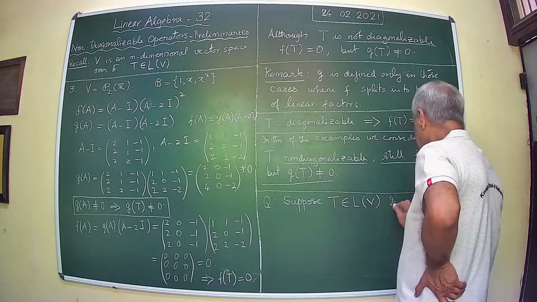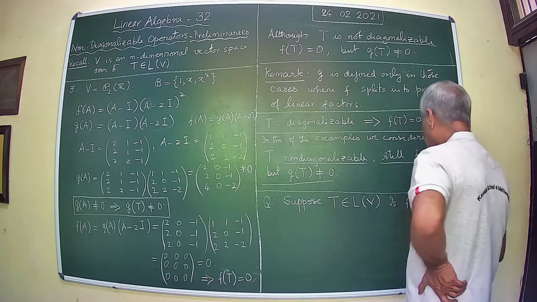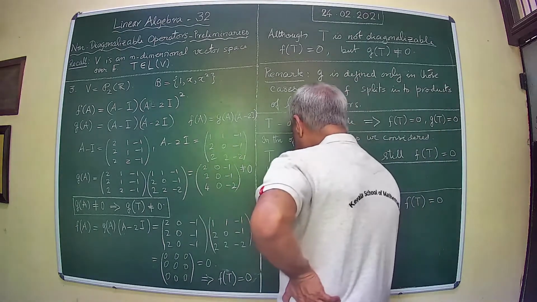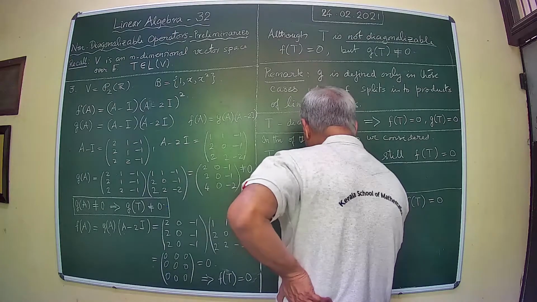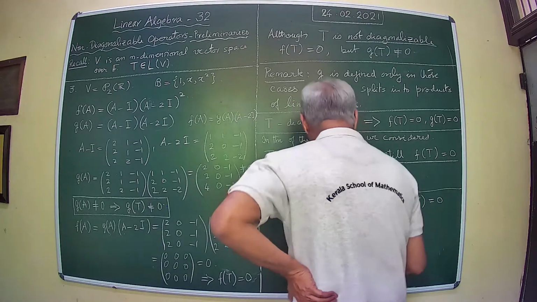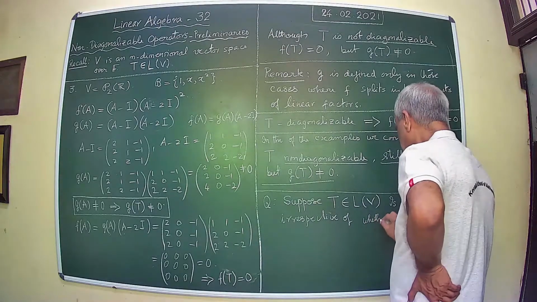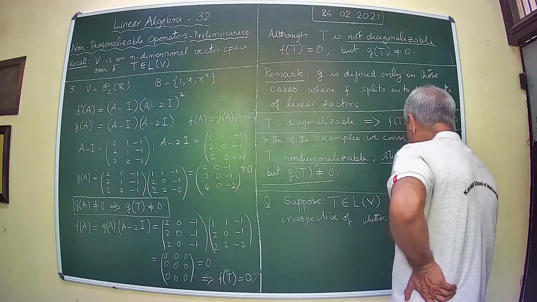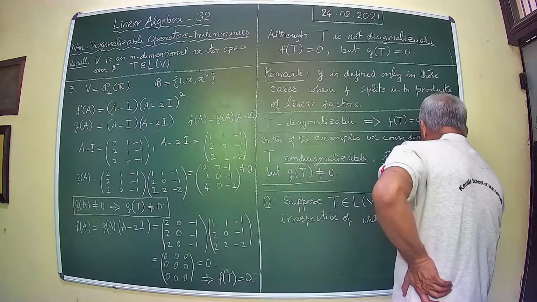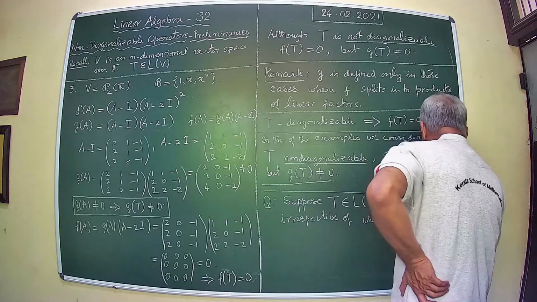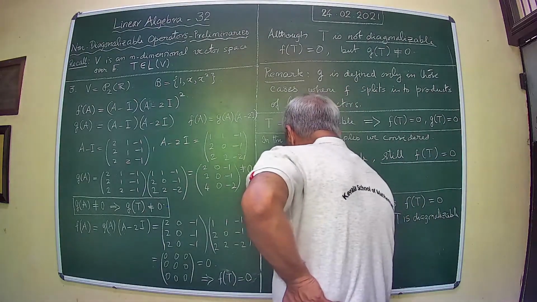Is f of t equal to 0 irrespective of whether T is diagonalizable or not?